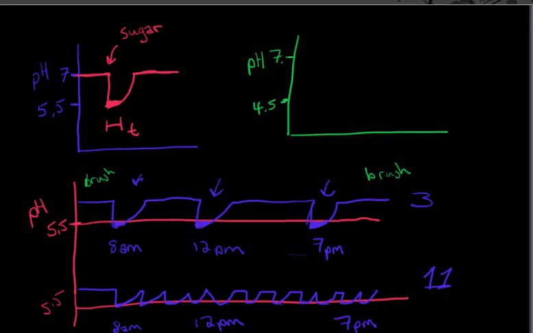So if we can make this spike have to be deeper to get any decay, that's the second thing we can do. And then if you were to have a spike that wasn't quite that far, we're not going to get any demineralization, because it doesn't get to this lower acidity to cause demineralization.